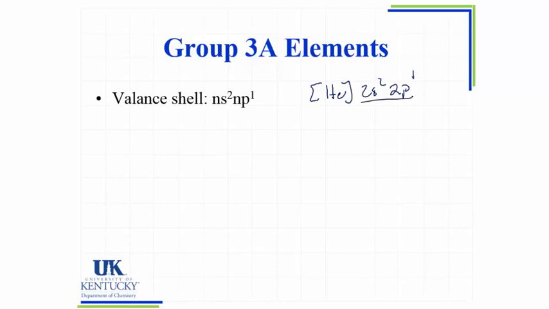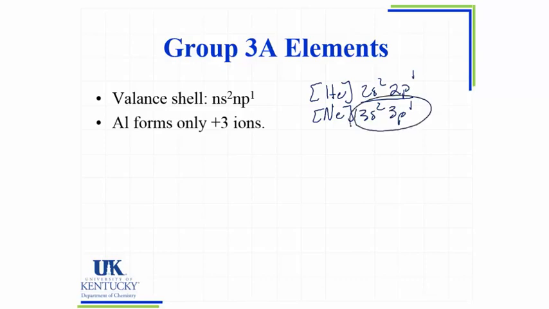If we do aluminum, it's neon 3s2 3p1. And aluminum, the only ion it will have is a 3+ charge. This is not going to be true for all the other metals, but that is the only ion it can have. It is going to remove all of them in order to get a +3 charge.